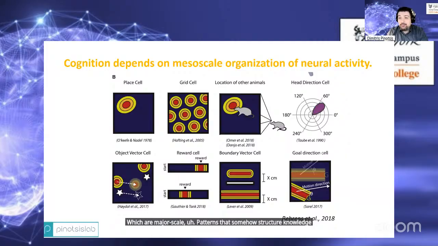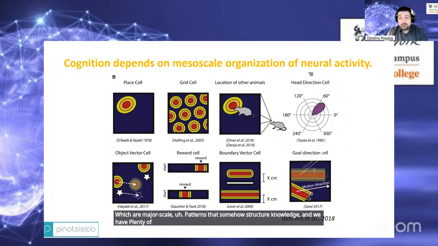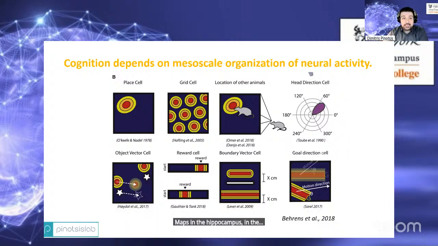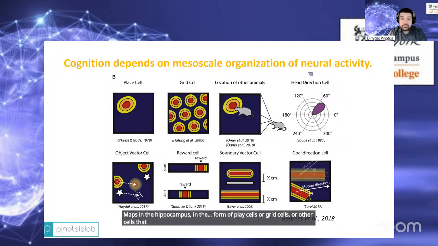We have plenty of examples. The most well-known, I put some examples here, are maps in the hippocampus in the form of place cells or grid cells or other cells that code for various patterns of knowledge that the animal might have, and people have really observed this kind of behavior.